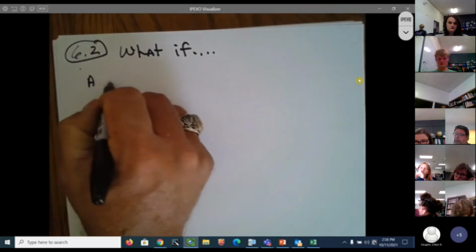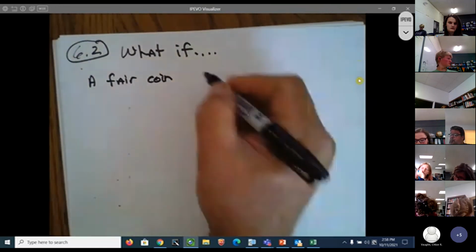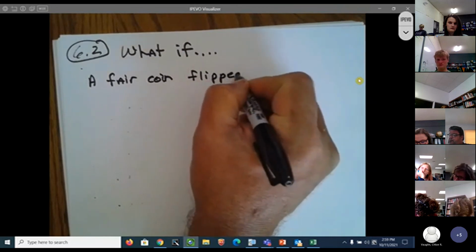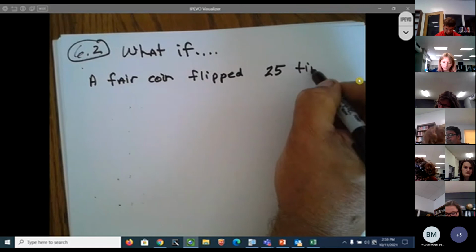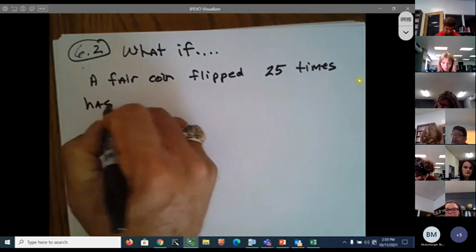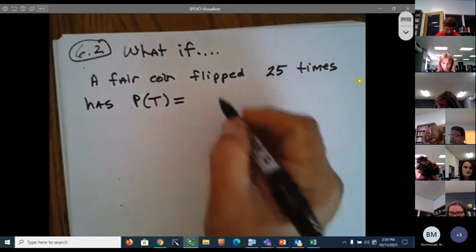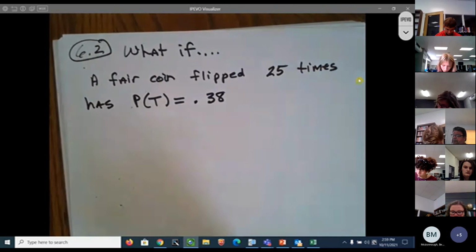A fair coin flipped 25 times has a probability of tails equal to 0.38.